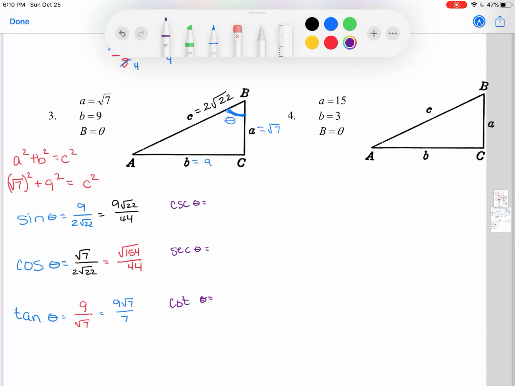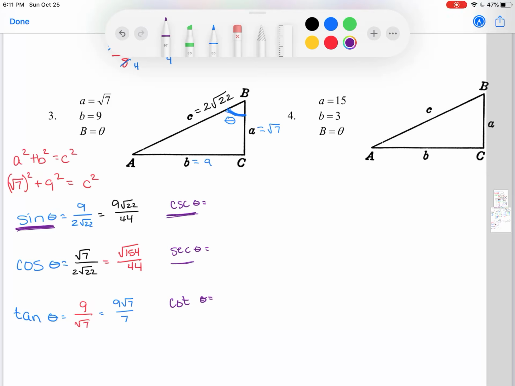I got the first 3, so I can find the next 3. Cosecant, followed by secant, followed by cotangent. And if you struggle remembering which one pairs with cosecant and which one pairs with secant, if you stick to SOHCAHTOA, meaning your sine goes first, remind yourself about the ABCs when you look at cosecant and secant.